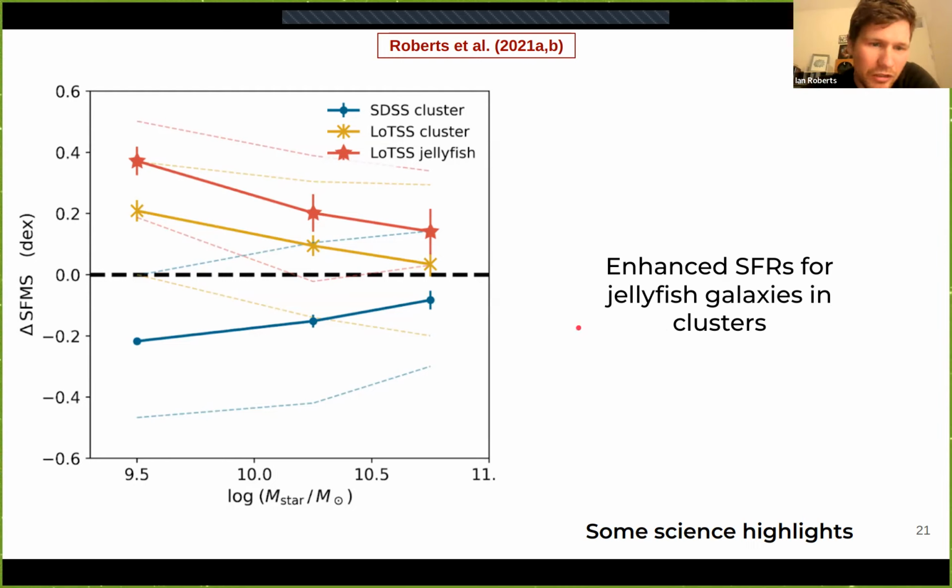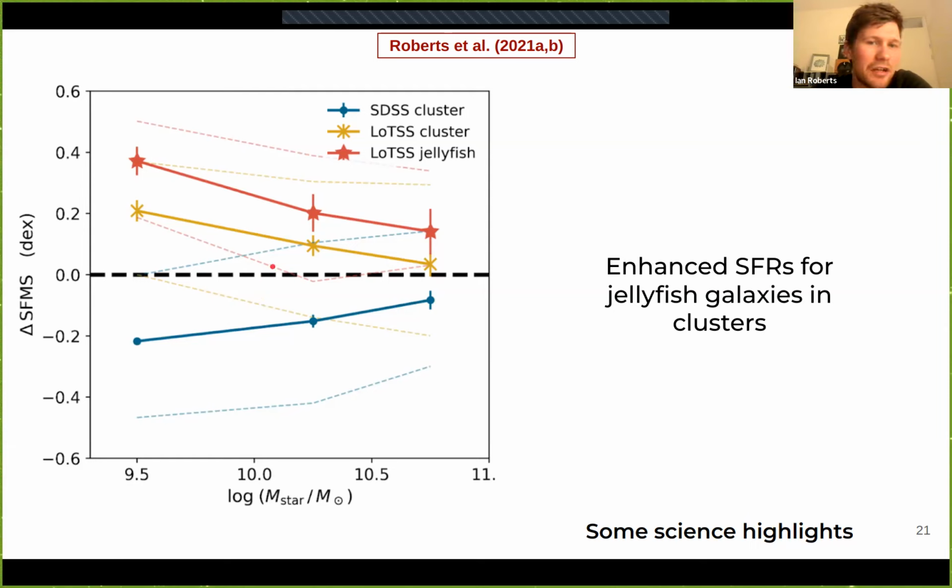What I'm showing here is the offset from the star forming main sequence. Back in the introduction, I showed the star formation rate versus stellar mass plot, and we had the star forming main sequence along the top of that panel. This is just taking the vertical offset from that main sequence.